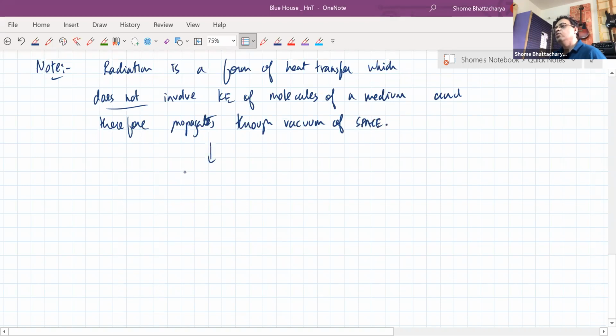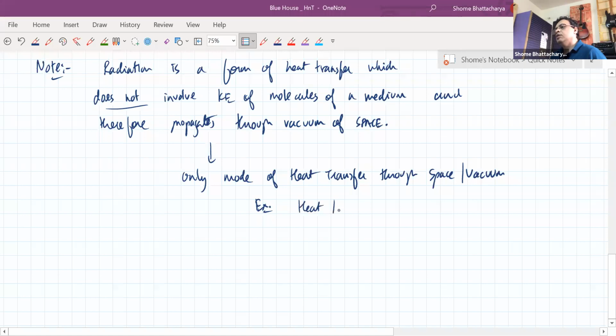So it becomes the only mode of heat transfer through space. For example, heat transfer from a star to planets occurs only through radiation.